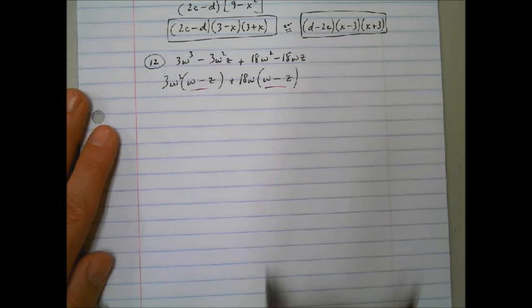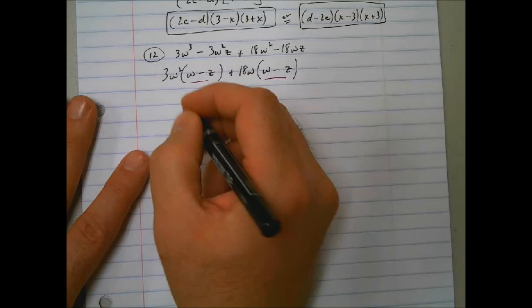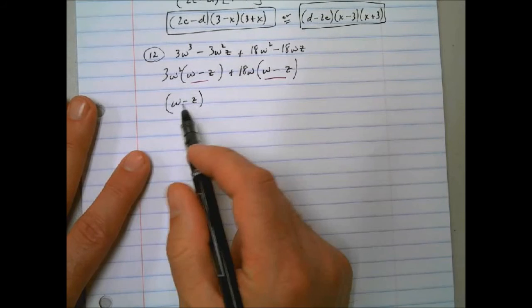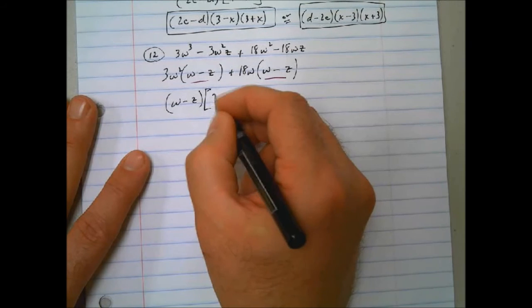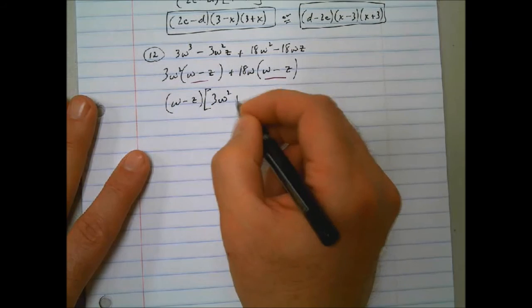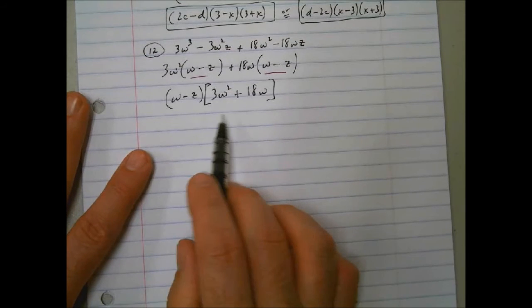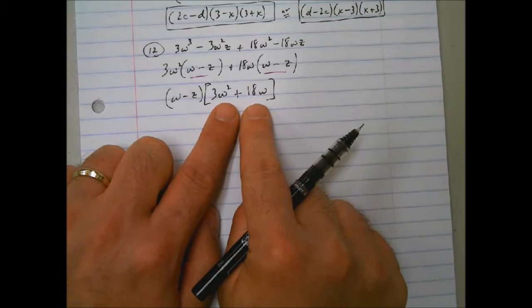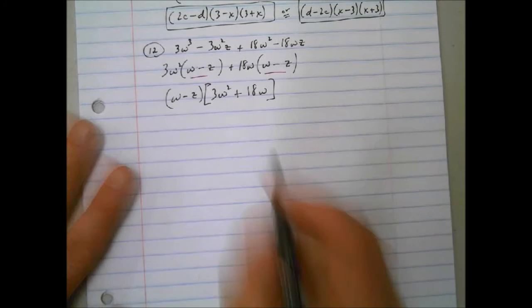There is a GCF of w minus z. So we'll pull that out in front, w minus z. And what's left behind? Well, 3w squared plus 18w. Now, maybe we're done, but wait, maybe we're not. We gotta look. So look over here. We go, oh, there's a GCF of 3w.